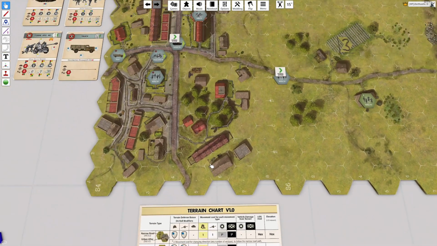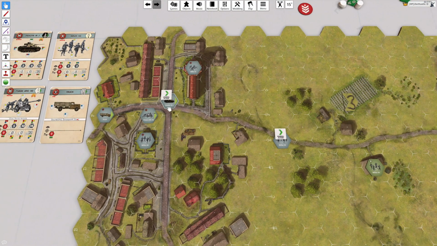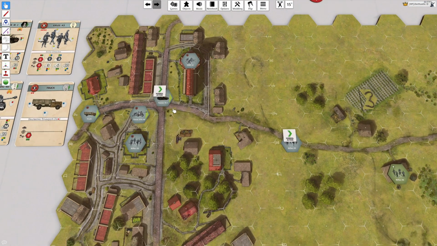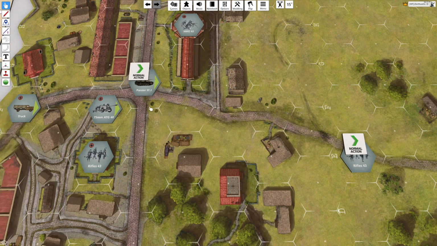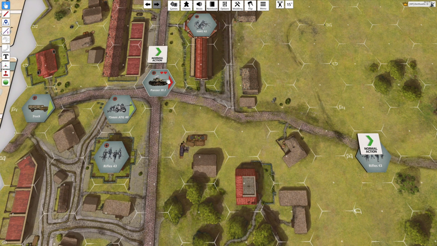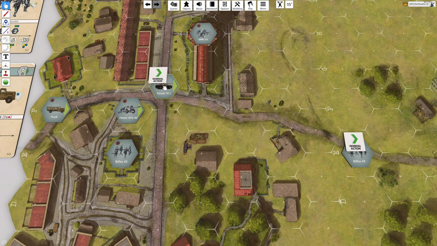This is something special for vehicles which have this green, or if they are at half strength, red triangle or arrow. It symbolizes that this unit has to be aligned to the hex vertex. So I have learned I have 3 movement allowance, so I can now count up 1, 2 and 3.